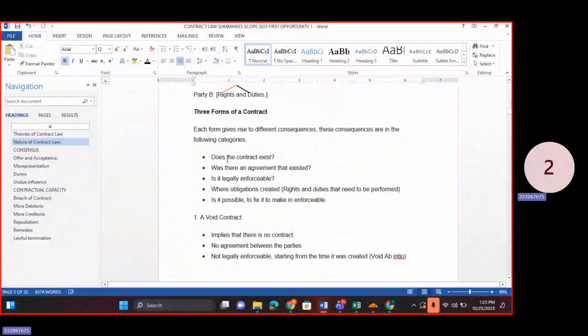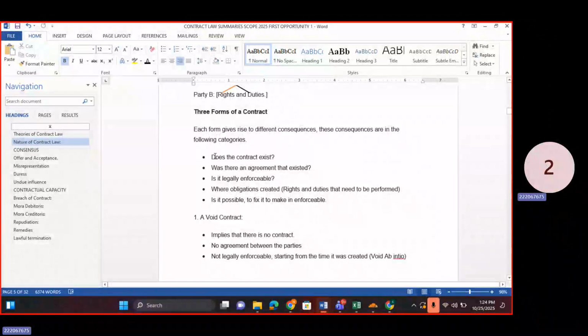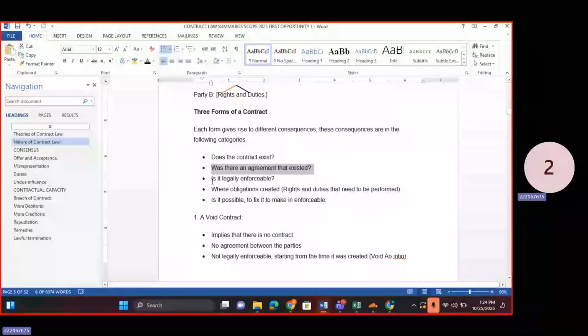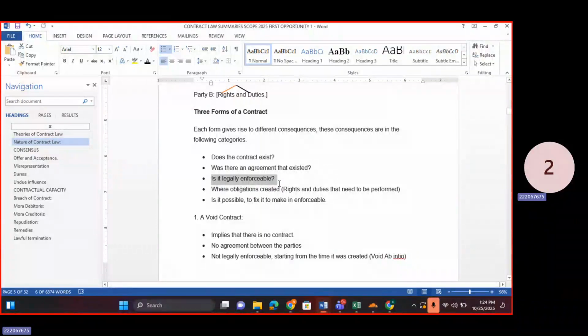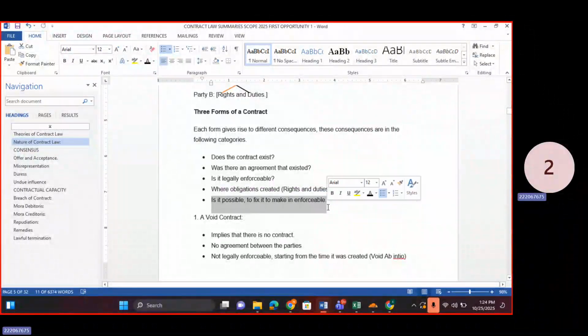So these three factors create consequences, and the consequences are in the following categories. Does the contract exist? Was there an agreement that existed? Is it legally enforceable? Were obligations created, rights and duties that need to be performed? Is it possible to fix it and to make it enforceable?